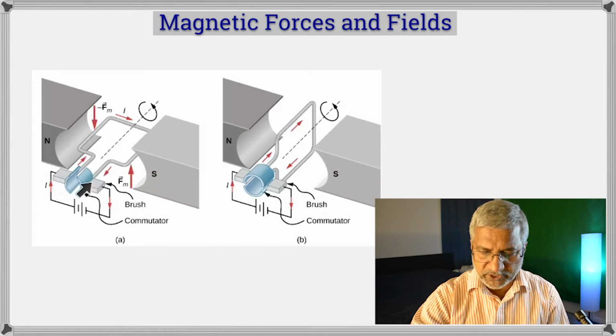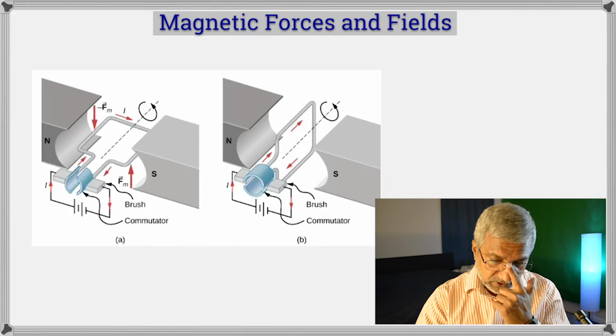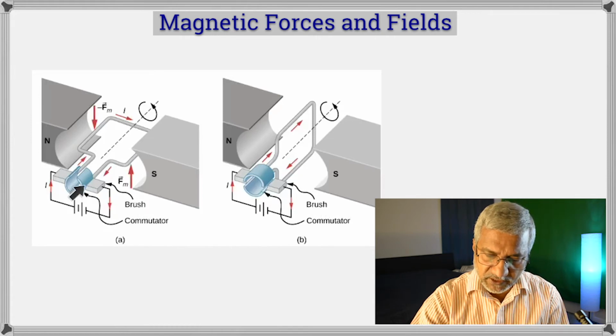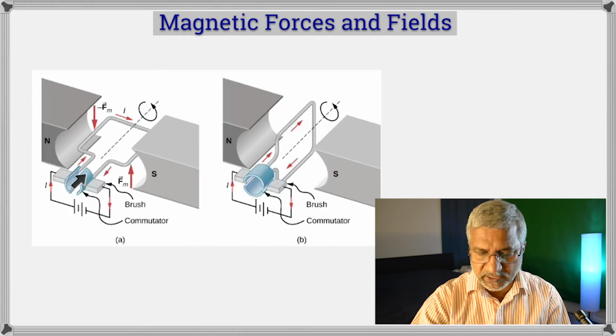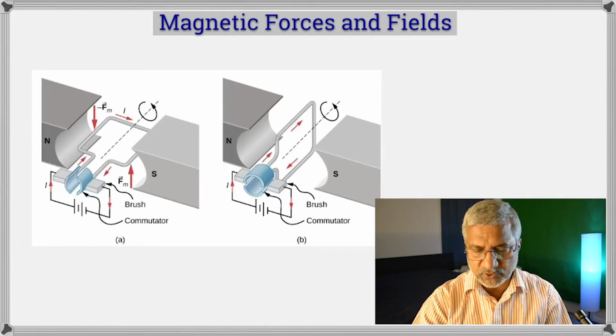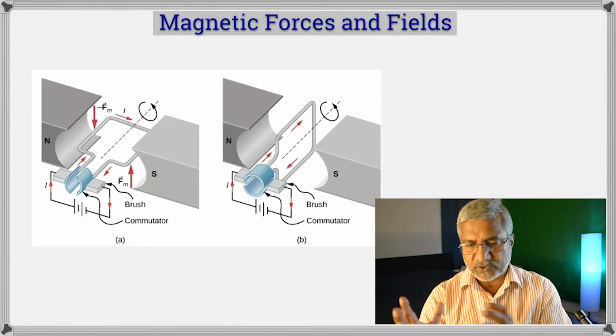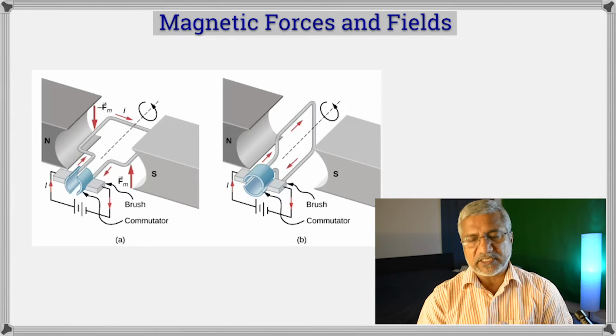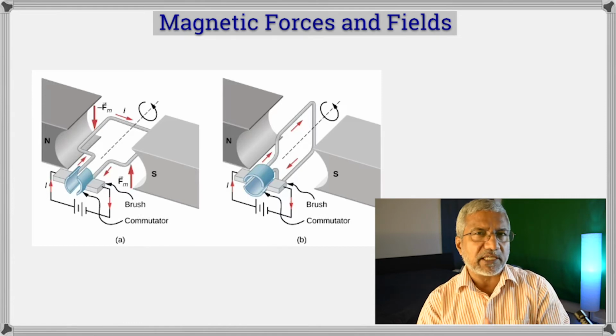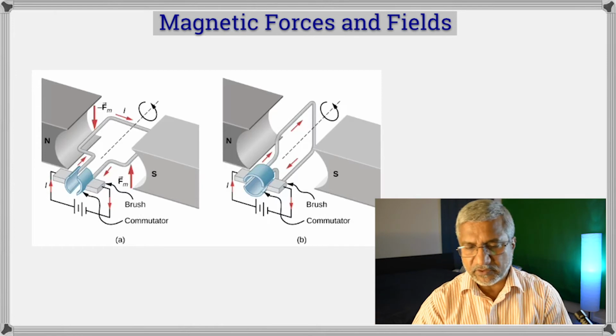And you have a brush and split ring. That's what this is called. It's a brush that's touching against or rubbing against a ring that's split into two. It's because you can't have permanent connections there. It'll get tangled up. It's actually called a split ring commutator. We'll get into that later.